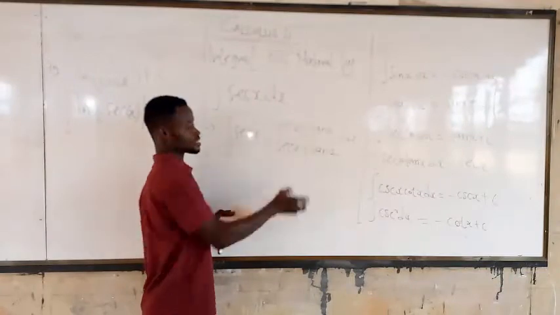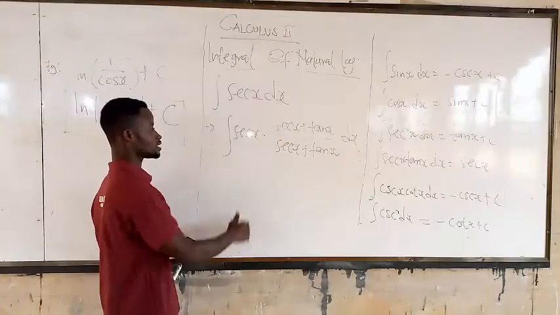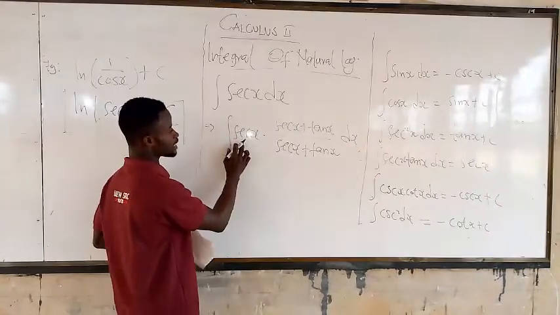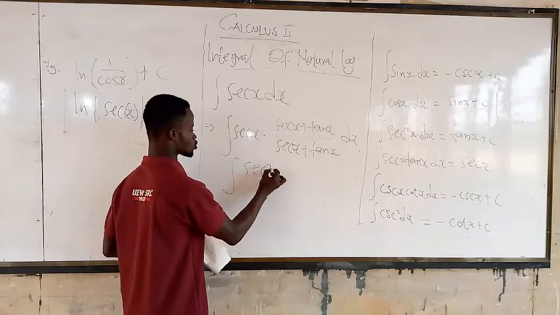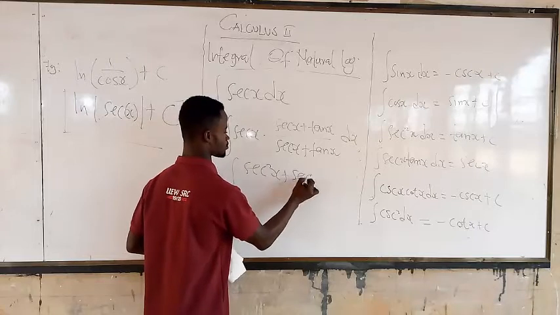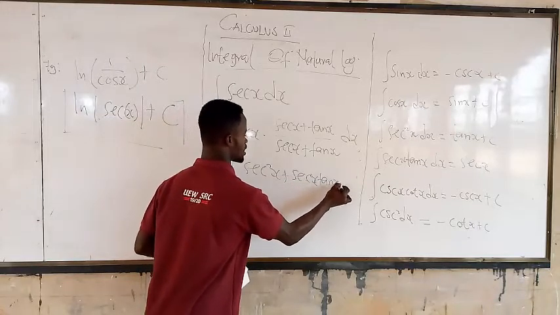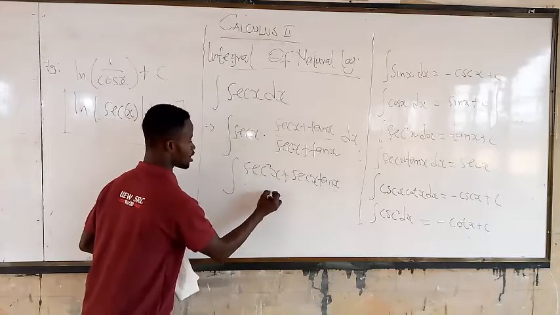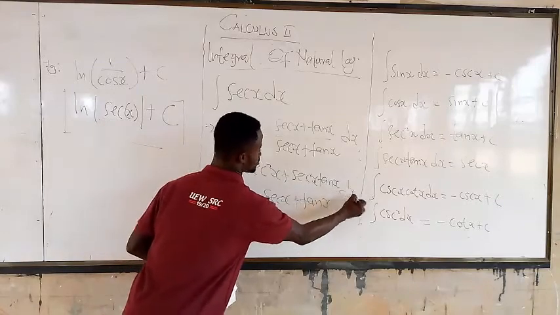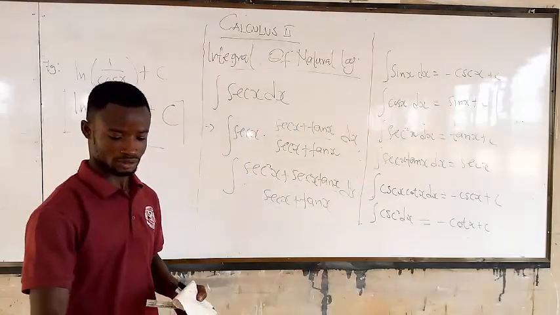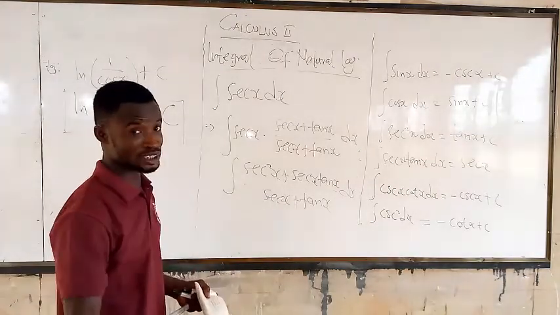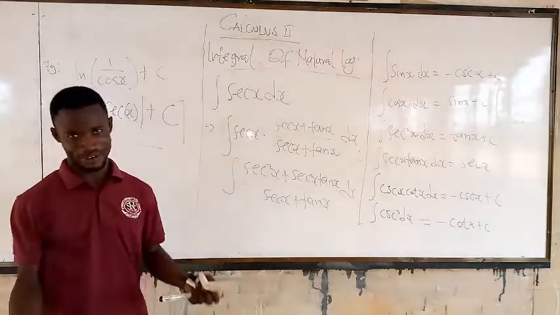This is the same as 1, and when it multiplies this, it doesn't change anything. So when you multiply by the numerator, you get sec squared s plus sec s tan s, all over sec s plus tan s, ds. Very good. We haven't changed the question, it's still the question.